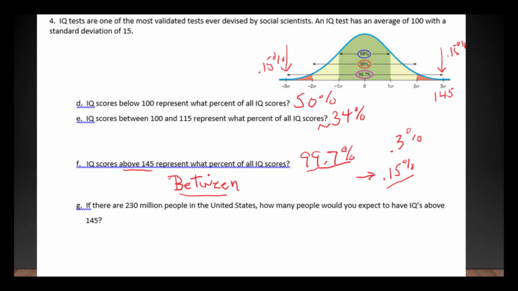0.15%. So if there's 230 million people in the United States, how many people would you expect to have an IQ above 145? Well, this is the same as finding sales tax, basically. You have 230 million, and you're trying to find 0.15%, which is 0.15 over 100.